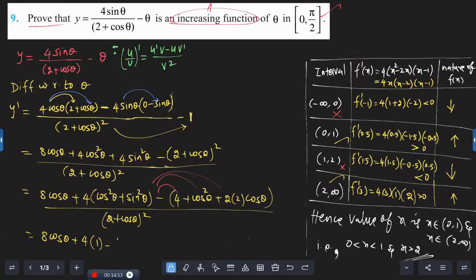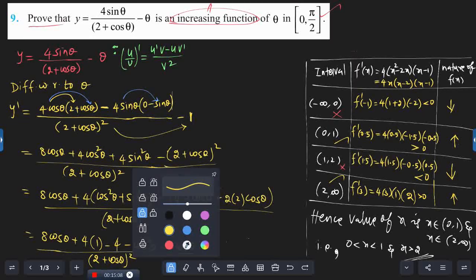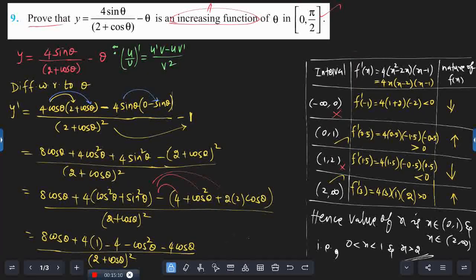So minus 4, minus cos square, and 4 cos theta you will be getting, whole divided by denominator 2 plus cos theta the whole square. Denominator I didn't apply anything, I hope you have noticed. Fine. 4 into 1 is 4, so plus 4 minus 4 cancelled. Remaining, I need this table. Can I rub this table?